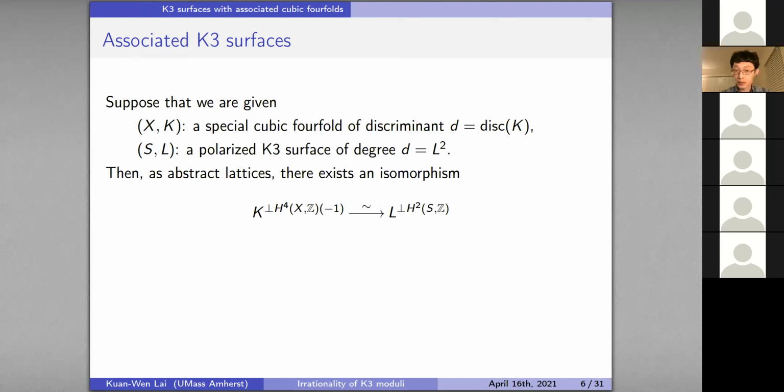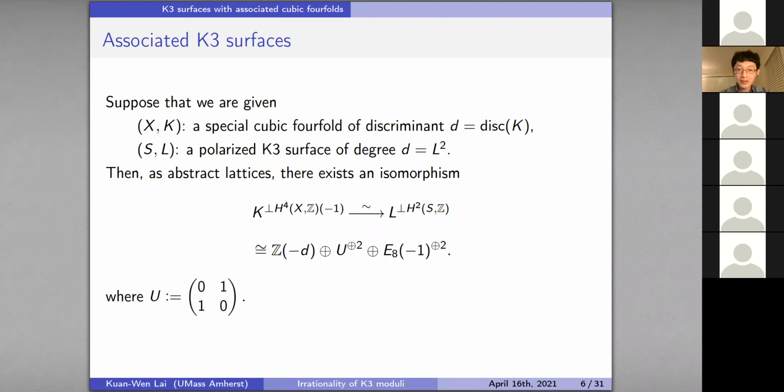This is isometric to the orthogonal complement of the polarization L inside the middle cohomology of the K3 surface. They are isometric abstractly as lattices because they both are isomorphic to this: the first is a rank 1 lattice generated by a vector with self-intersection minus D, the middle consists of 2 copies of the hyperbolic lattice, and the last consists of 2 copies of the E8 lattice twisted by minus 1.